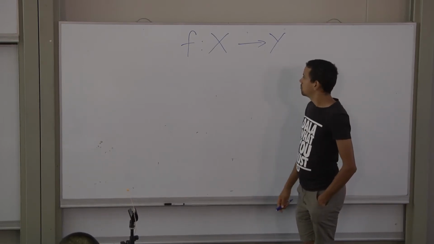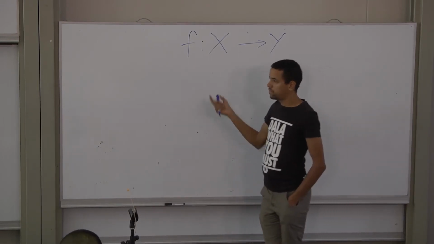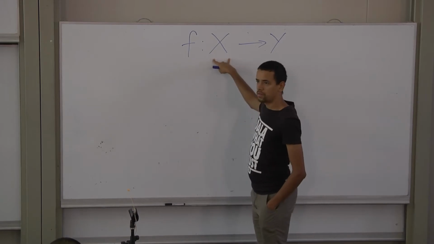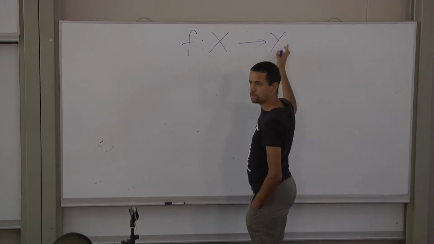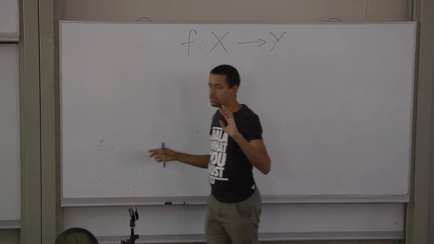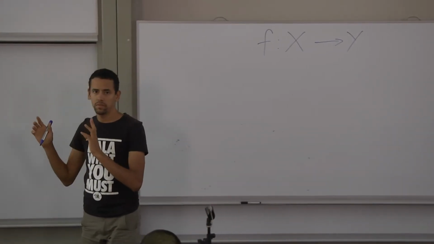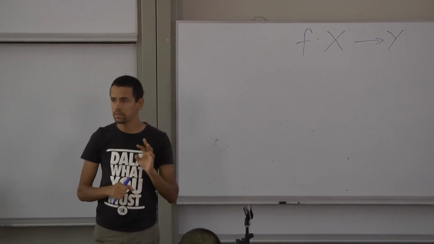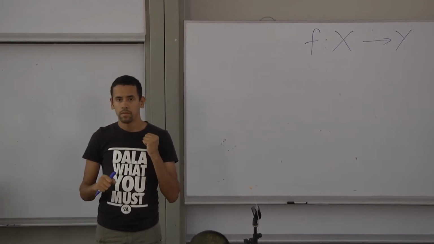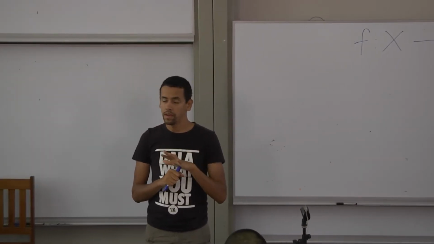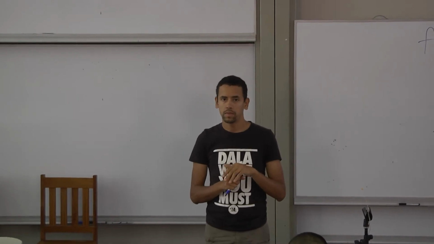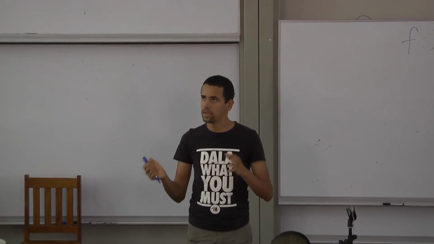So those sets could be finite sets, like the set of numbers 1, 2, and 3, and that could be another finite set, or they could be infinite, as long as it's a mapping from one set to another set.